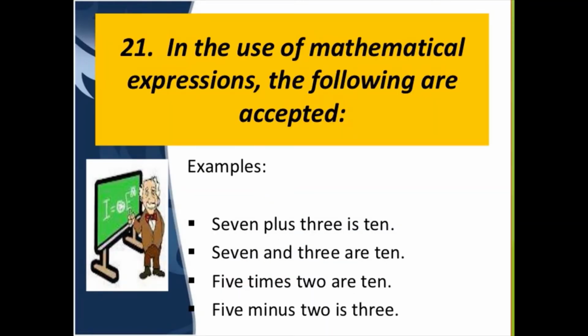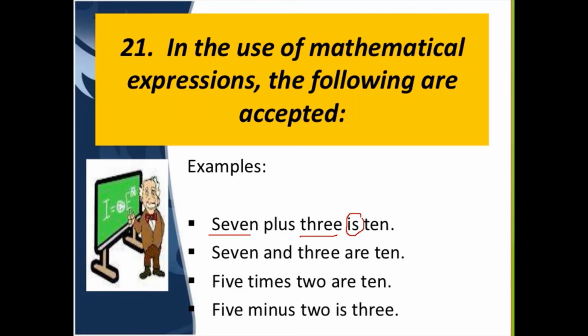Rule number 21. In the use of mathematical expressions, the following are accepted. Examples: 7 plus 3 is 10. 7 and 3 are 10. 5 times 2 are 10. 5 minus 2 is 3. So, when you're adding two numbers like 7 and 3, it must take a singular verb.